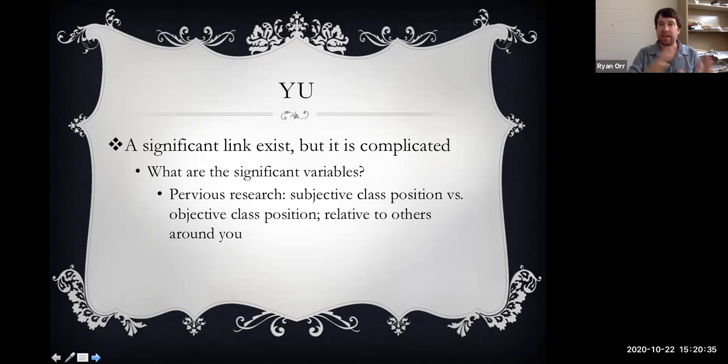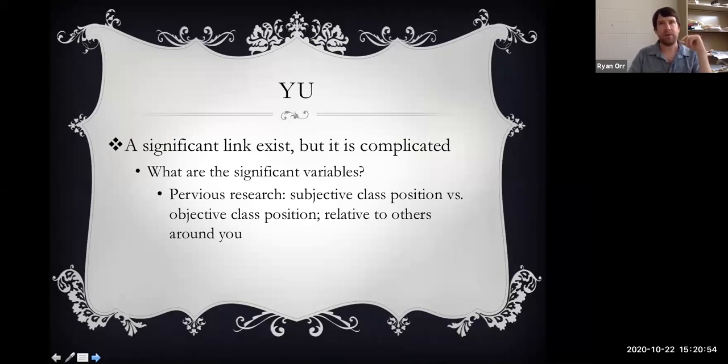You don't see the connection being as strong compared to when you let people put themselves into categories. So there's one dimension there. How you think about your class position matters more than your actual class position with reference to your personal satisfaction in life.